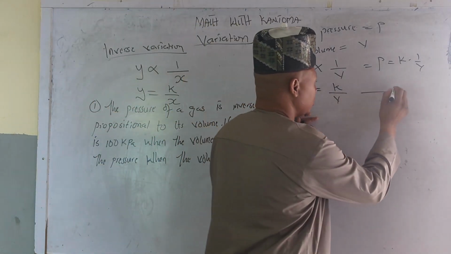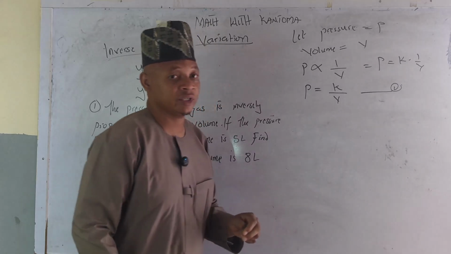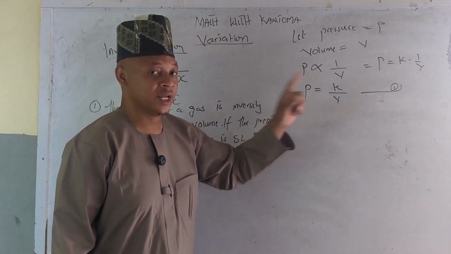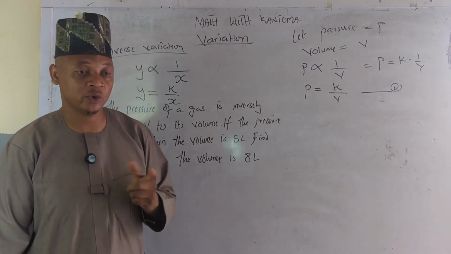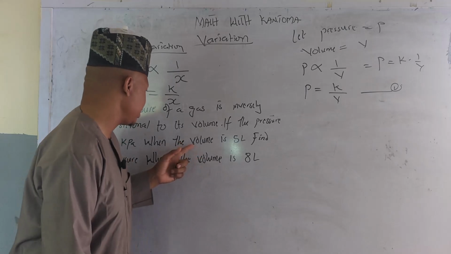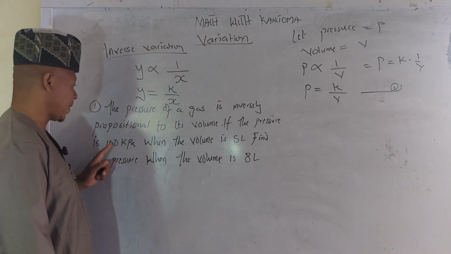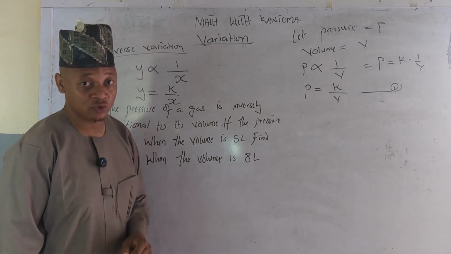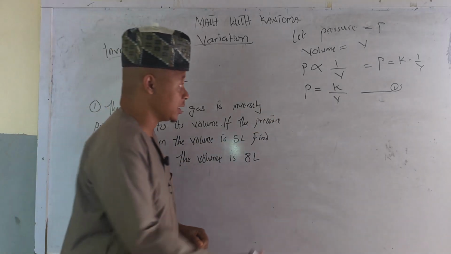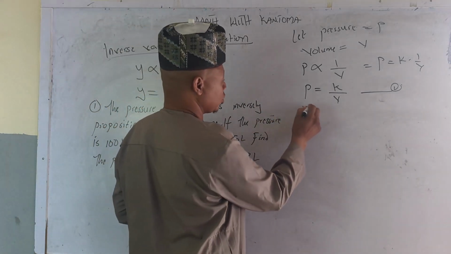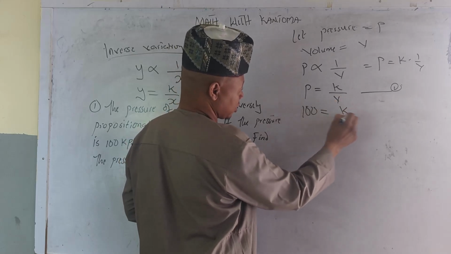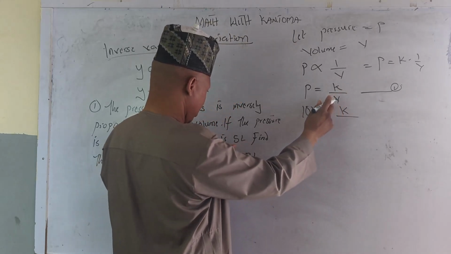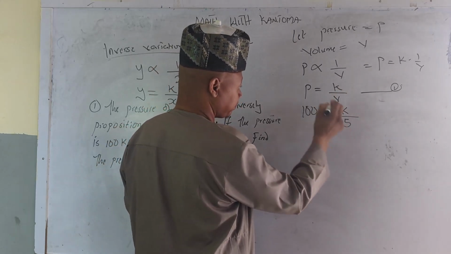So from this equation, we are going to substitute and find the value of the constant first. So first we are finding the constant of the variation. We are given the pressure as 100 and the volume as 5. So we substitute these two values and find the constant of the variation. When the pressure is 100, we don't know the constant, and the volume is 5.